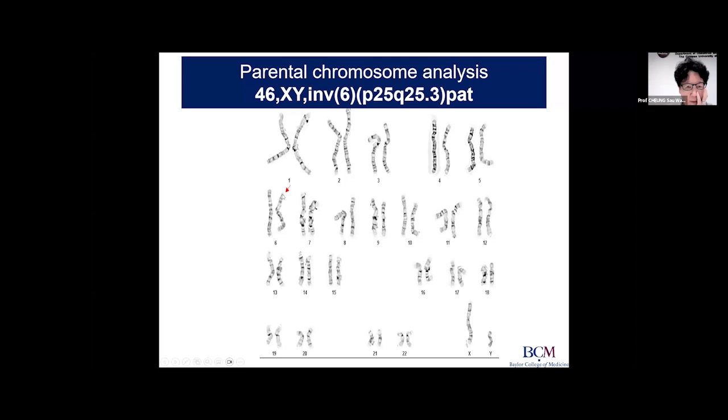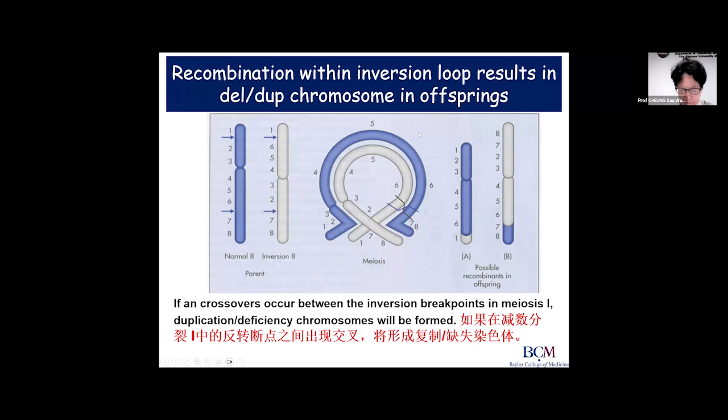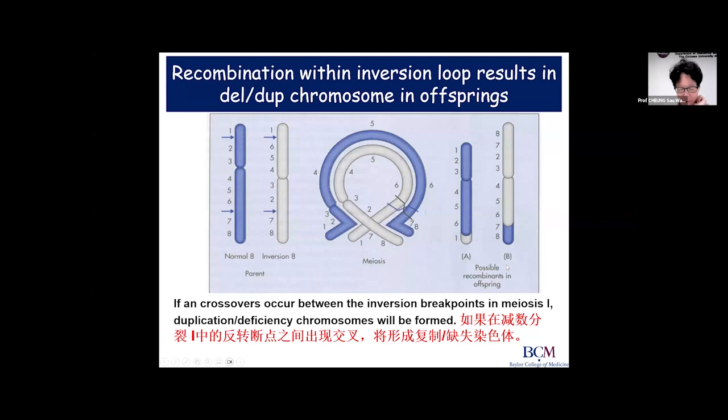So you have this little bulge that this one didn't have. So it turns out that this inversion was found in the father, and this portion and this portion is inverted. I just want to illustrate to you that this portion and this portion is inverted.